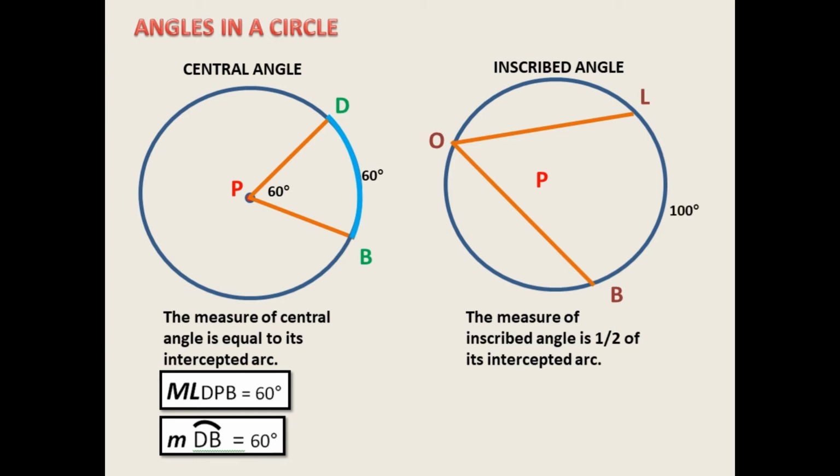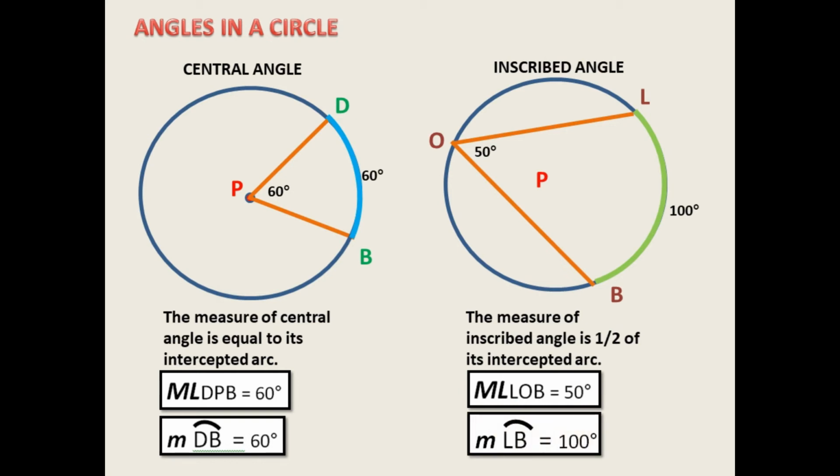So if the measure of arc LB is 100 degrees, therefore the measure of angle LOB is equal to 50 degrees because it is 1/2. Or we can say that if the measure of angle LOB equals 50, then the measure of arc LB is equal to 100 degrees.